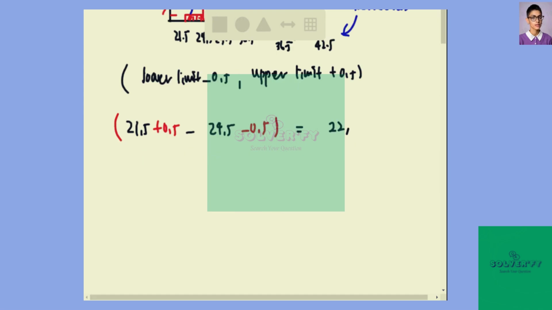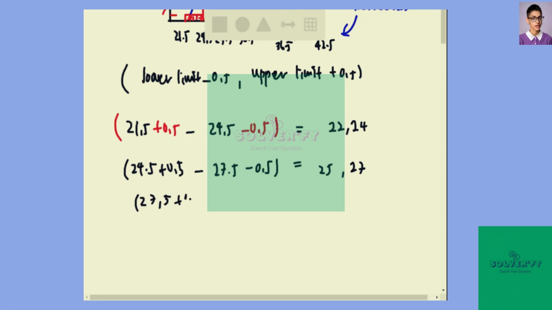So this is 22 to 24, right? And the next one is 24.5 plus 0.5 to 27.5 minus 0.5, and this will be 25 to 27. Make sure we have an interval of 2. Next one is 27.5 plus 0.5 to 30.5 minus 0.5, and this gives us 28 to 30.